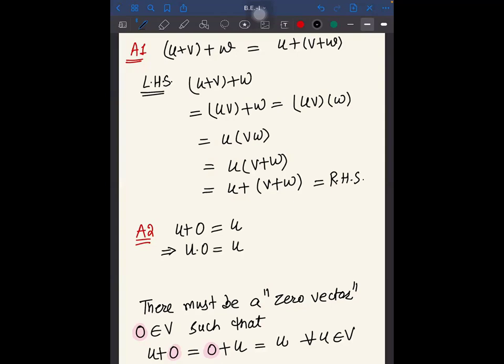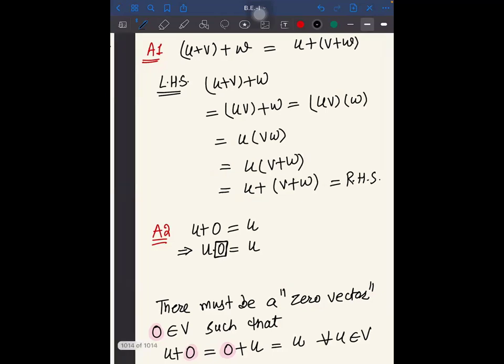So in place of zero, what can we write so that u times this element remains u? One. Exactly, one will replace this, right?